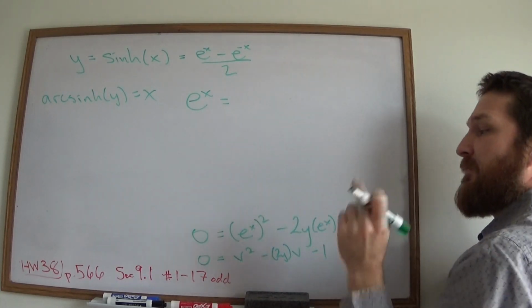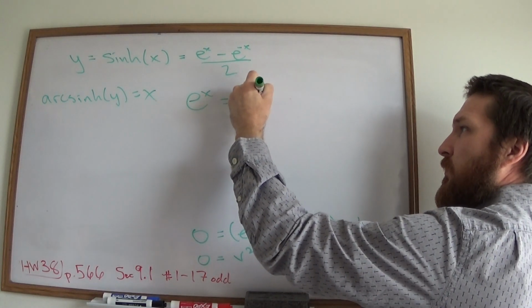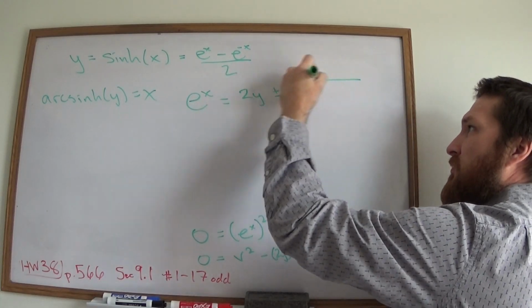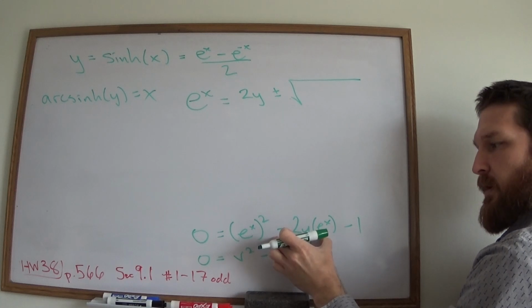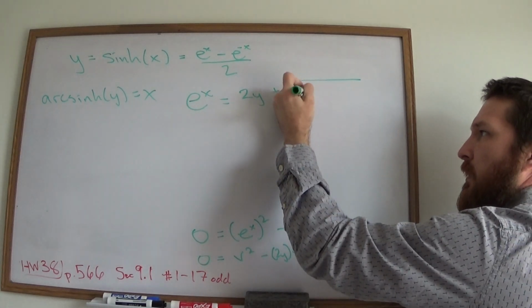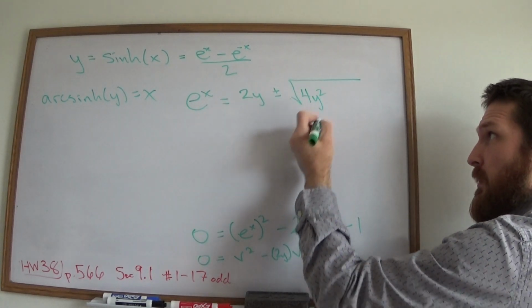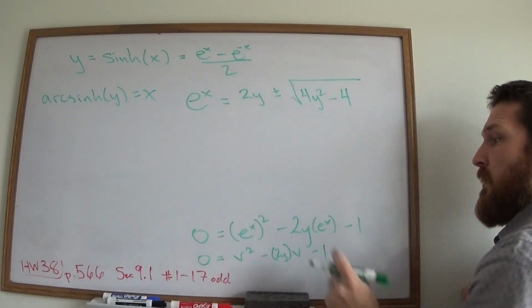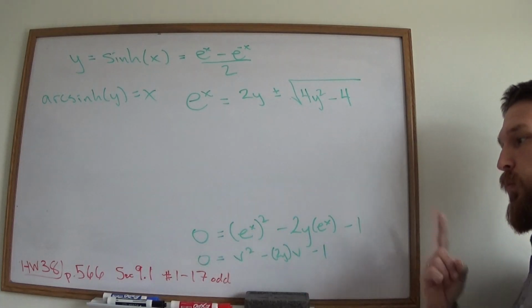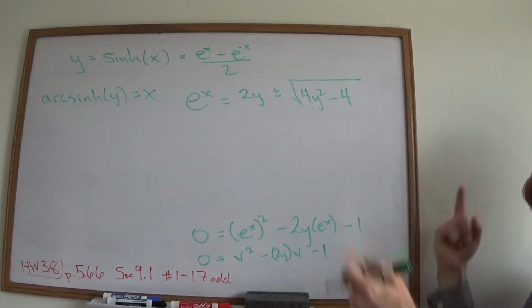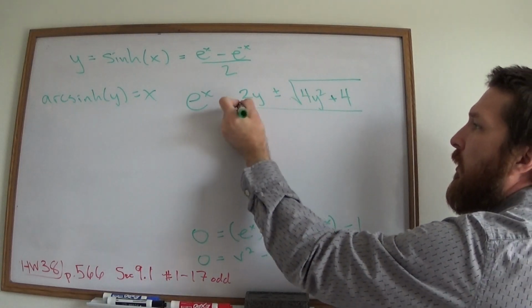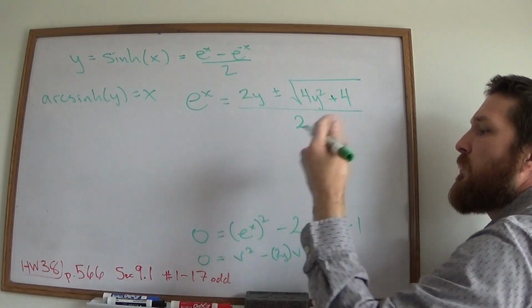So negative b is just 2y plus or minus the square root of b squared, negative 2y squared, which is positive 4y squared, minus 4 times a, which is 1, times c, which is negative 1, so just plus 4, all over 2a, and a is 1.